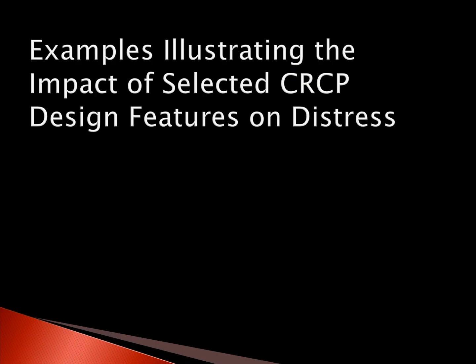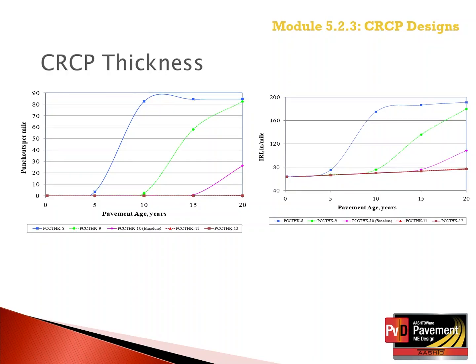This next section of the module includes examples illustrating the impact of selected CRCP design properties or features on punch-outs and IRI in some cases. Punch-outs is very sensitive to the PCC layer thickness because it reduces the tensile stress at the top of the concrete slab.